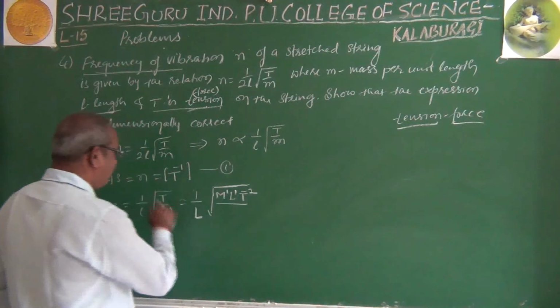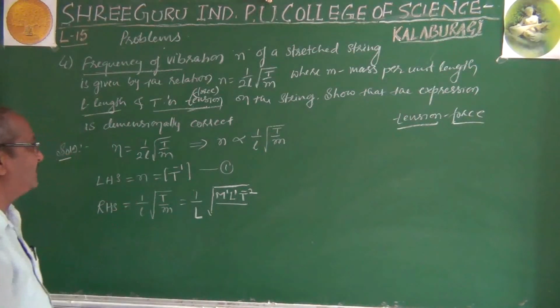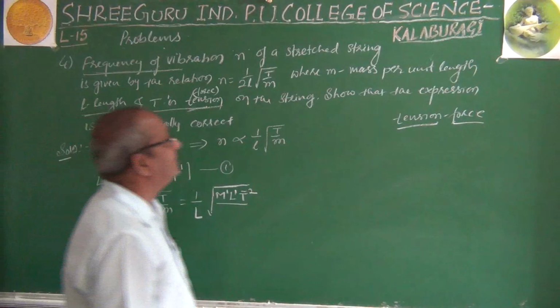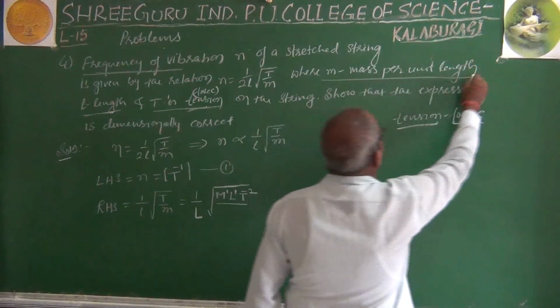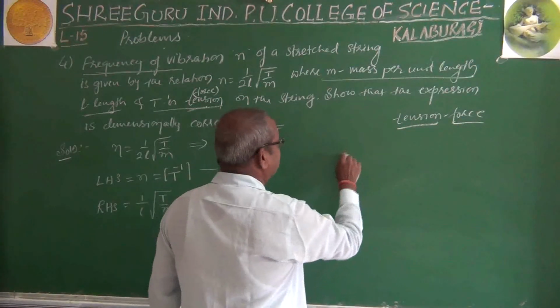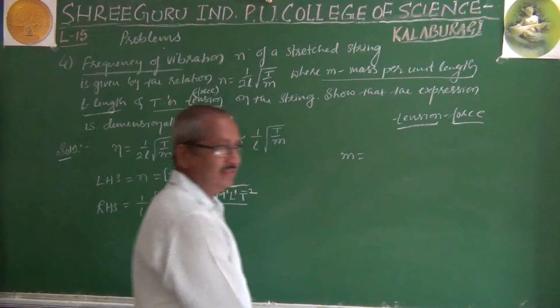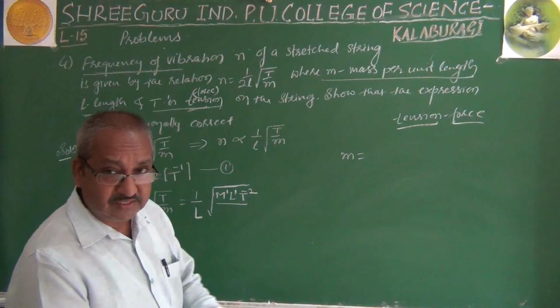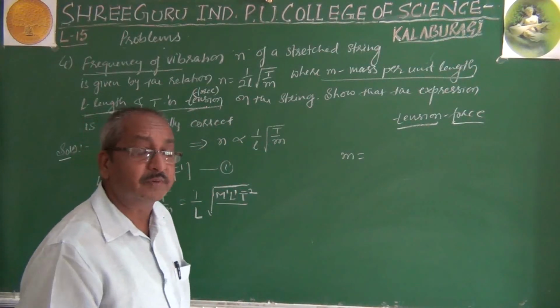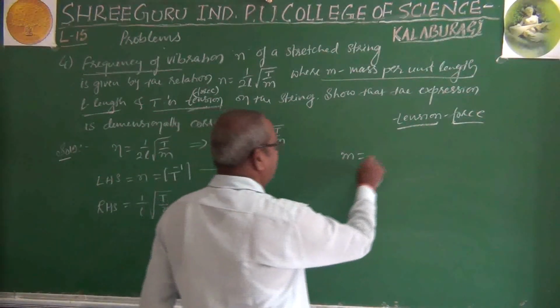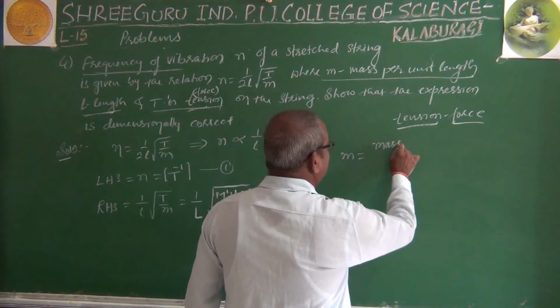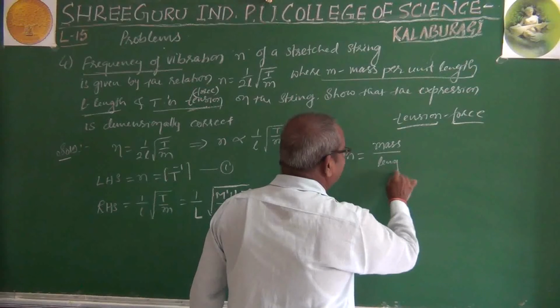Divided by this m itself. Here, better to look carefully: m is nothing but mass per unit length. It is not simply mass, but mass per unit length. Means m equal to mass divided by length.